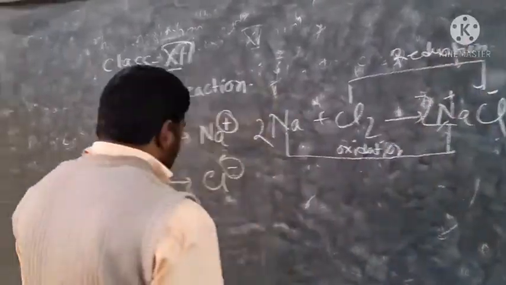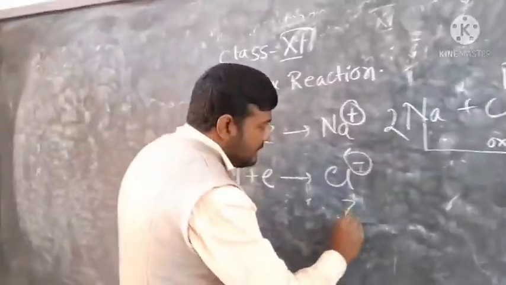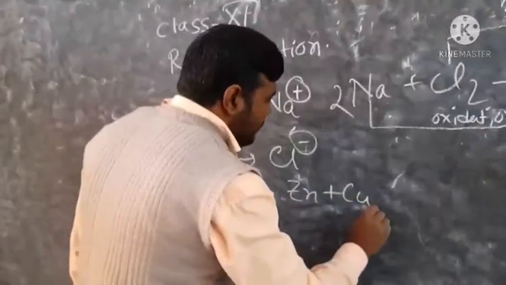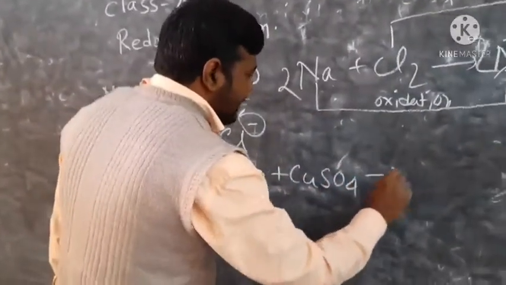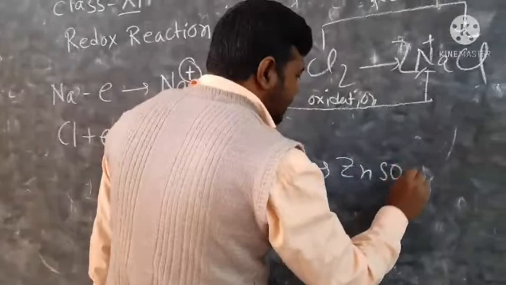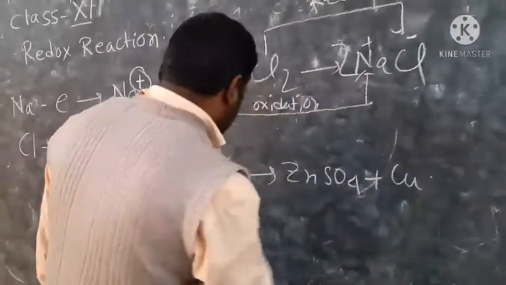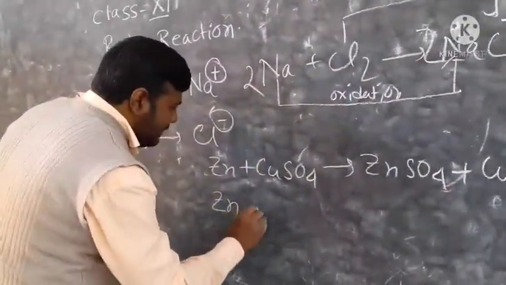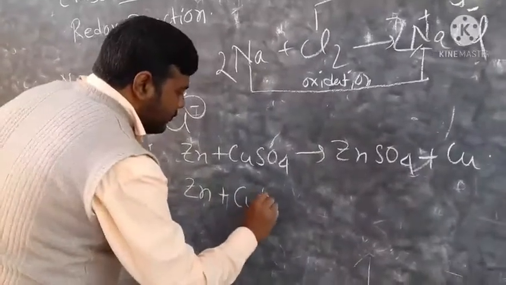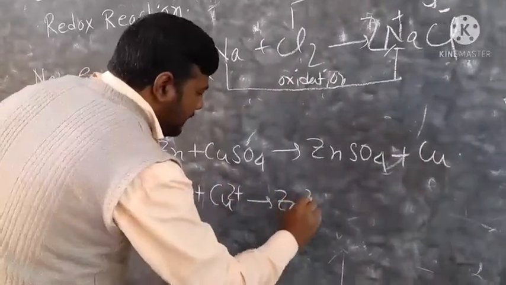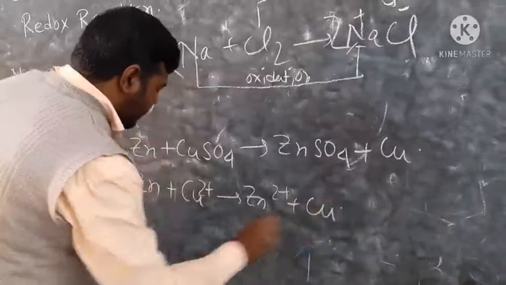Now also you see, if we consider zinc plus CuSO4, it gives ZnSO4 plus Cu. Then what is coming here? Zn plus Cu2+ to Zn2+ plus Cu.